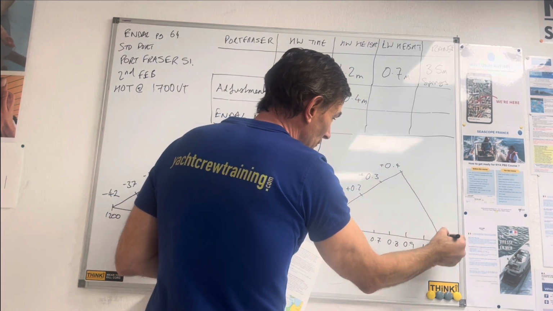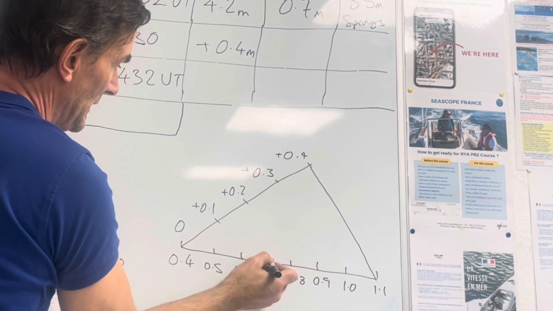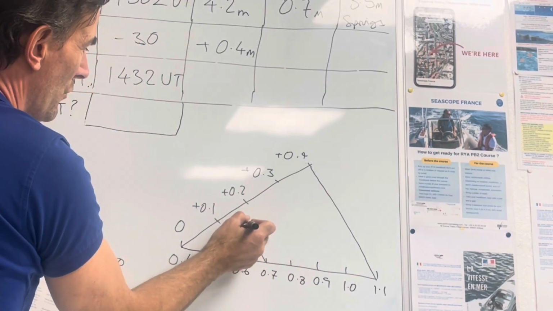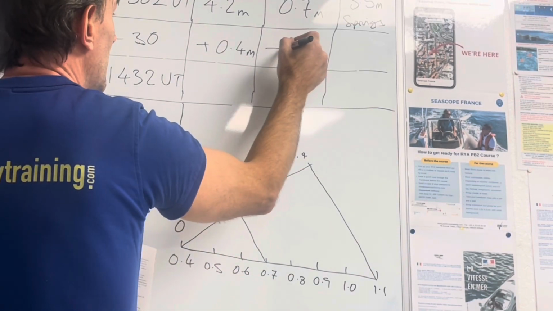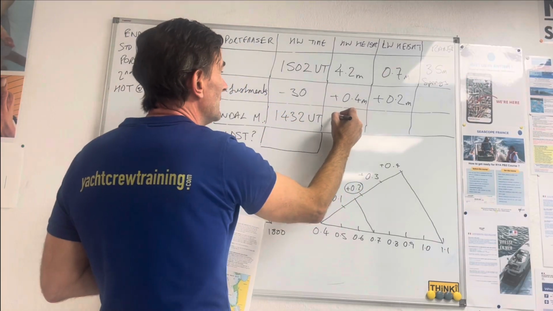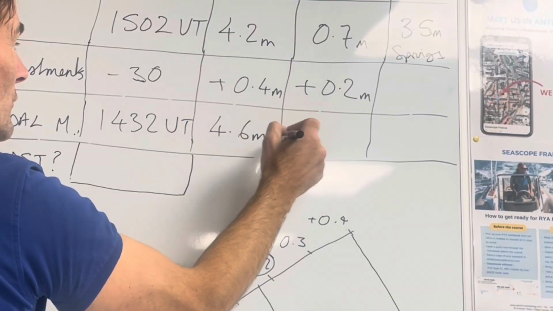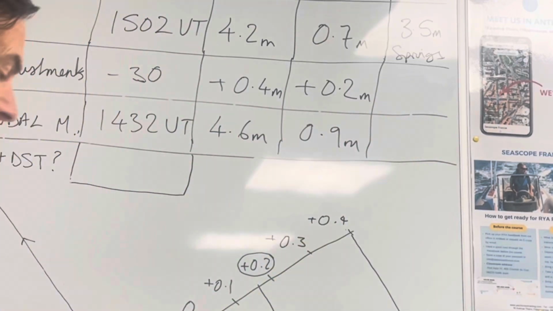When we connect those two together and draw it in parallel for our 0.7 meters there, we can see that we are closest to the plus 0.2 there, which helps us to naturally do the sums and gives us 4.6 meters for our high water height and 0.9 meters for our low water height.